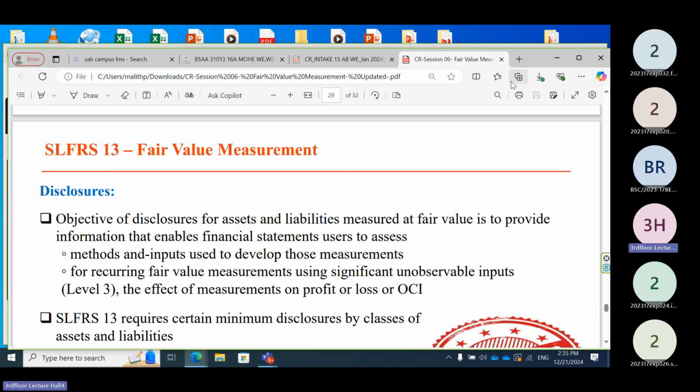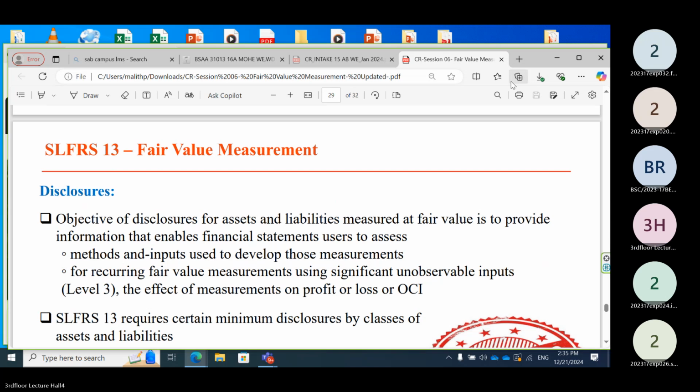Disclosure is very lengthy. Whatever the standard you are using, you need to comply with this information.